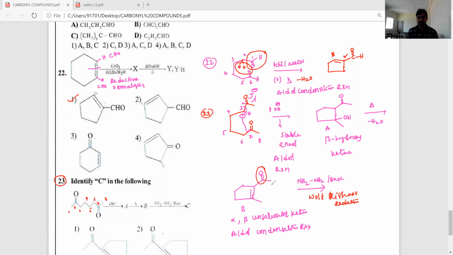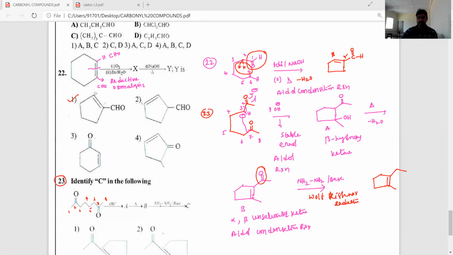It reduces the C double bond O group into a CH2 group. Then the final product is formed. It cannot reduce the double bond. Okay, it cannot reduce the double bond. So that is the answer.